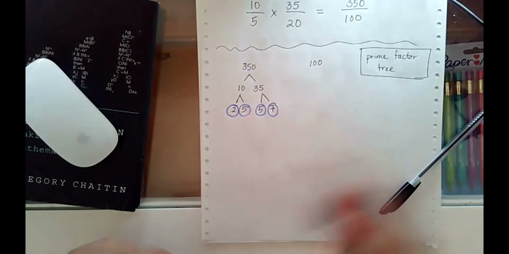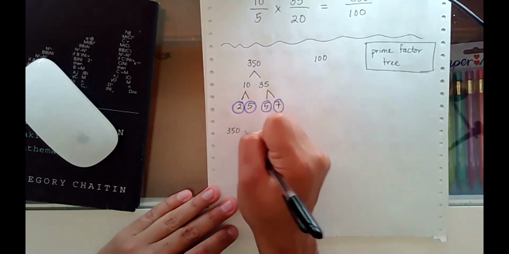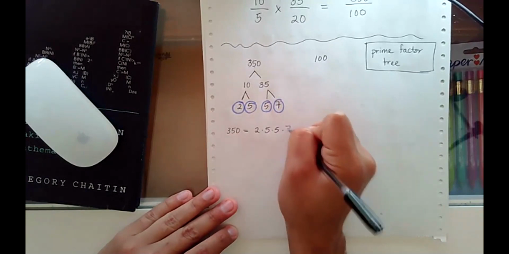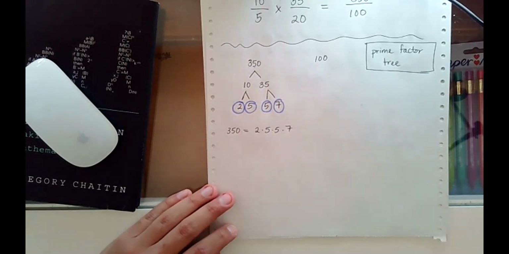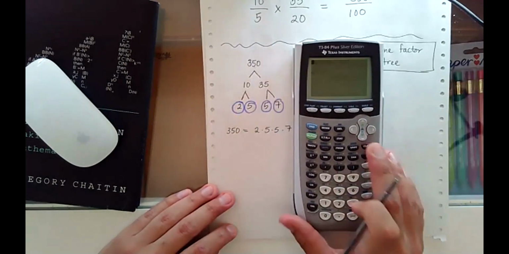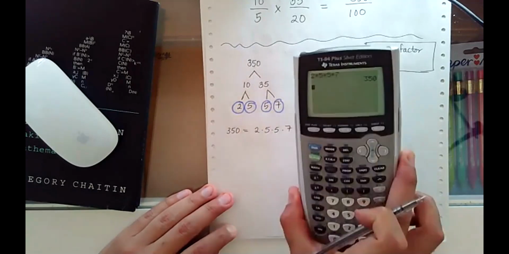So what we can say is that 350 is equal to 2 times 5 times 5 times 7. And if you needed that verification in the calculator, 2 times 5 times 5 times 7, 350.